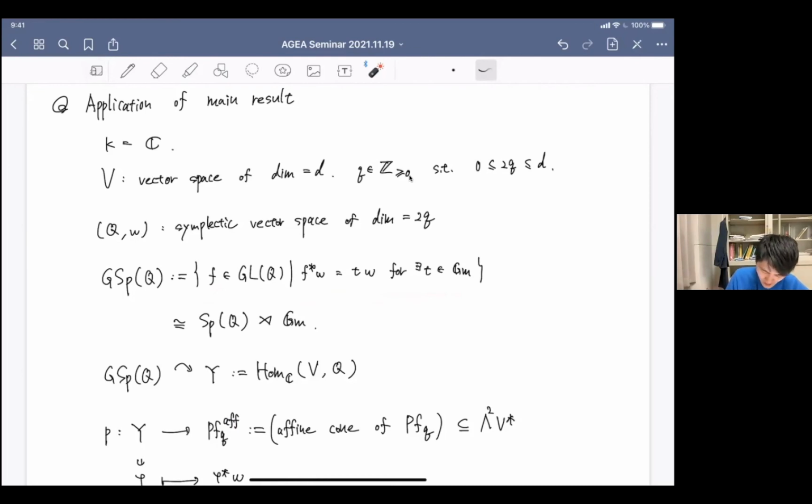This is an affine subgroup of the general linear group, and this GSp(Q) is isomorphic to the semi-direct product of the usual symplectic group Sp(Q) and G_m. This corresponds to diagonal matrices.